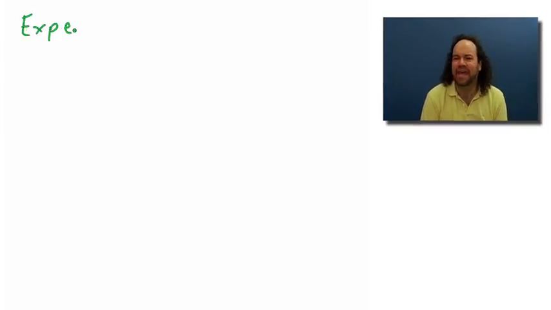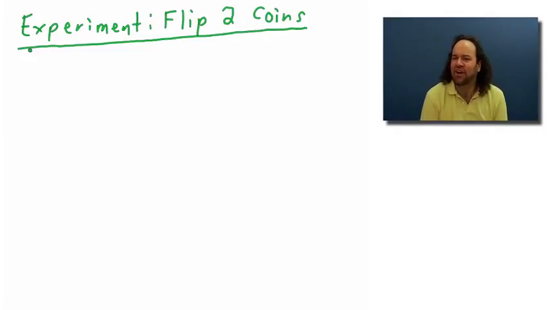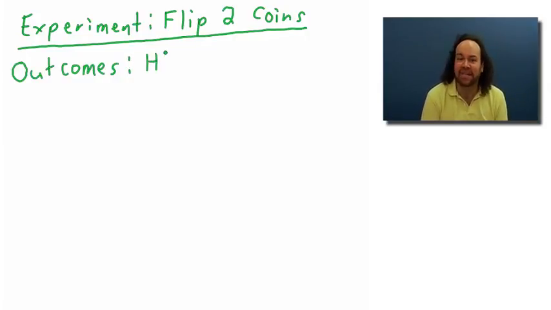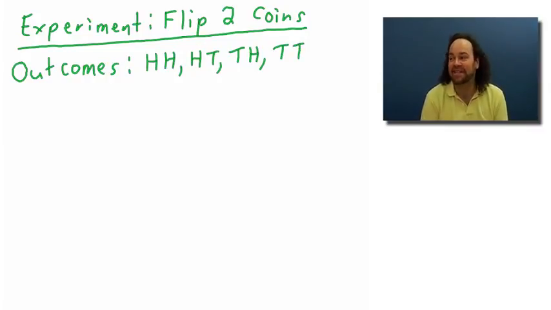Well, what can we say about an experiment like that? First of all, we can say that there are 4 possible outcomes to this experiment. Namely, we could have gotten heads and then heads, or heads and then tails, or tails and then heads, or tails and then tails. So we have 4 possible outcomes.